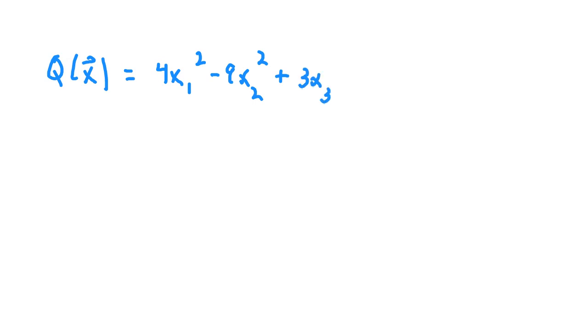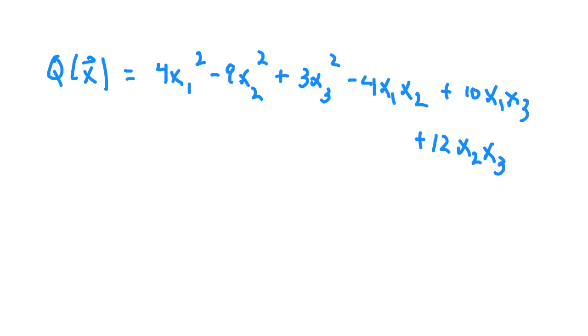Suppose that your quadratic form were equal to 4x1 squared minus 9x2 squared plus 3x3 squared minus 4x1 x2 plus 10x1 x3 plus 12 x2 x3.